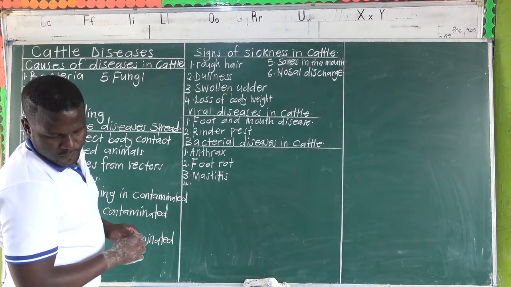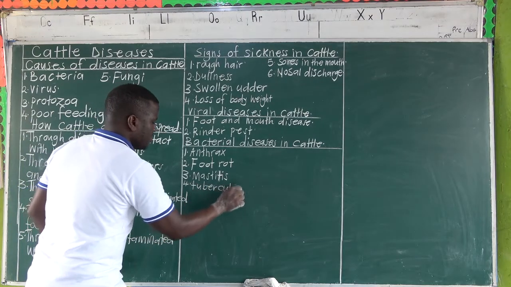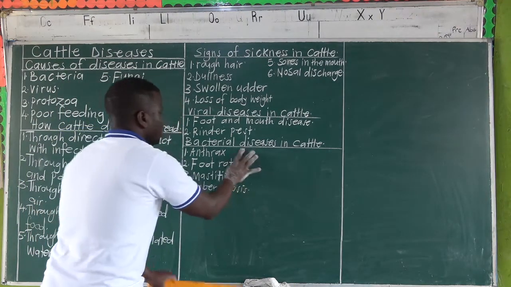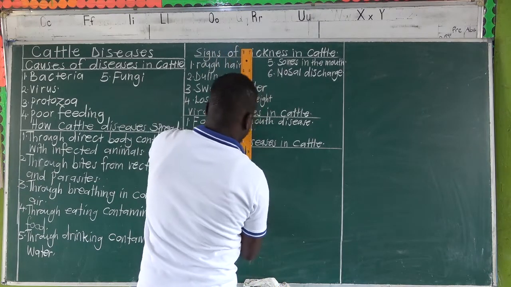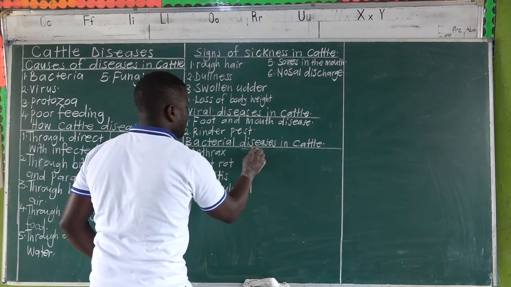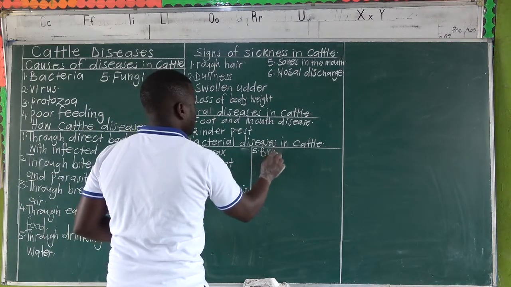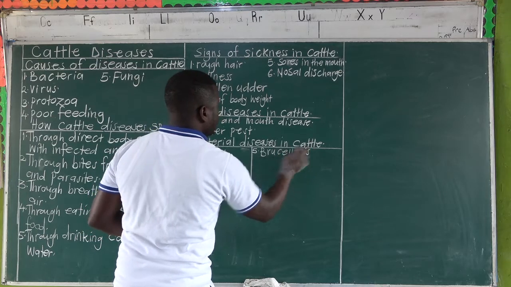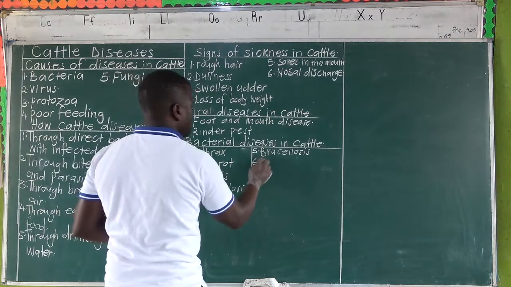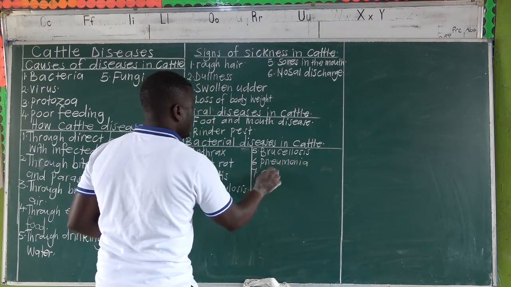Number 4, we have tuberculosis. Then we have number 5, brucellosis or brucella. Then number 6, we have pneumonia.